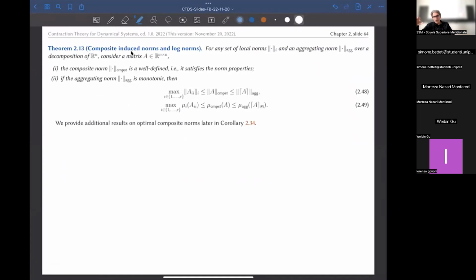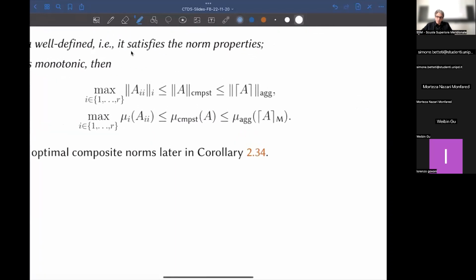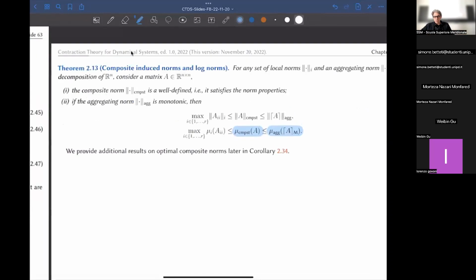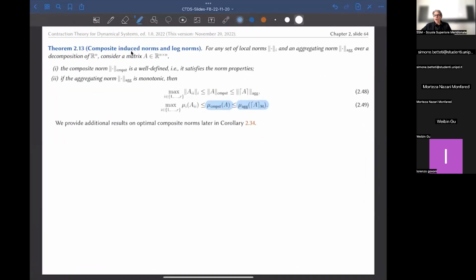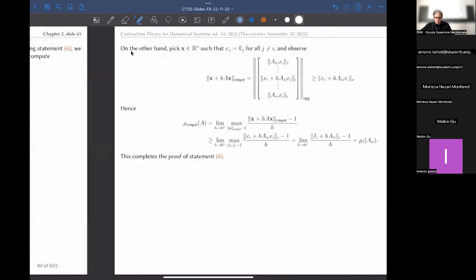I didn't do the proof then, nor will I do it today. But there is an algebraic counterpart to that network contractivity theorem when I interconnect contracting systems, and it has to do with the fact that the exact log norm of the matrix is upper bounded by the log norm of the Metzler matrix. So I'm out of time. I'll stop right here. There's a lot of structure here that you can explore, and the proof is included.